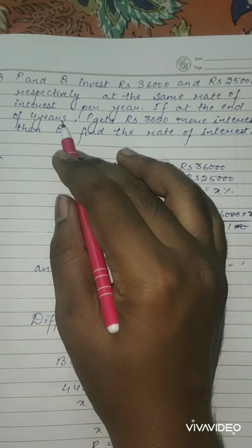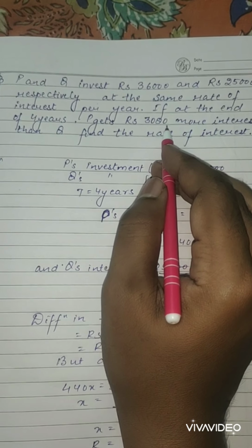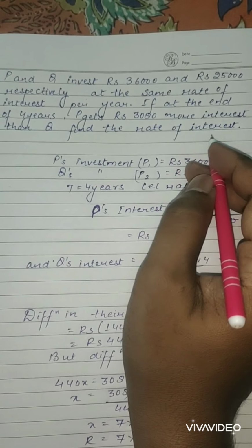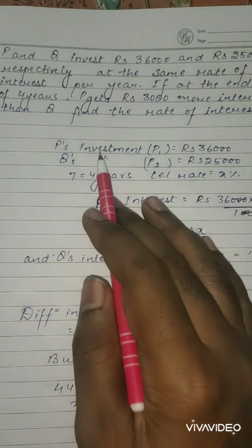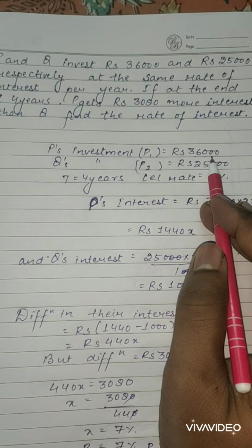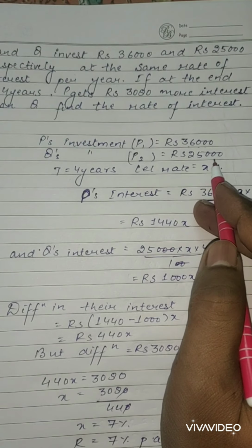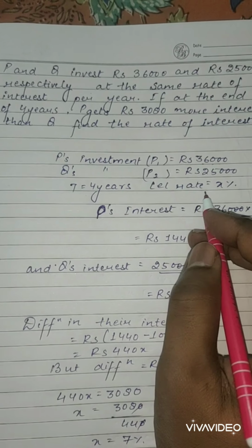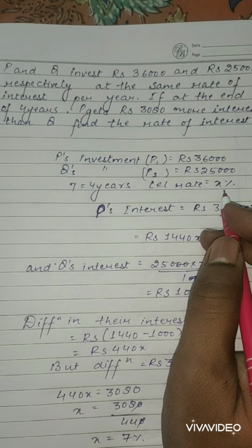If at the end of 4 years P gets rupees 3,080 more interest than Q, we have to take out the rate of interest. So P's investment, that is P1, is rupees 36,000, and Q's investment, that is P2, is rupees 25,000. Time is 4 years and rate is not given, so let the rate be X%.